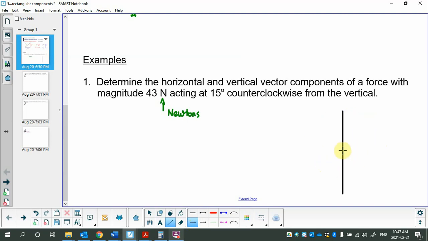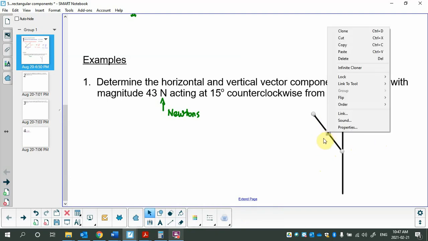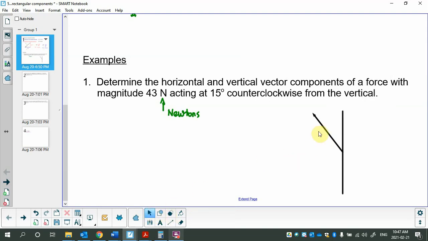So counterclockwise means that it's going in the opposite direction. And I'm just putting it arbitrarily, again, arbitrarily, compared to the vertical. Doesn't matter if you put it there or if you put it here or here or here. I'm just going to leave it there because I have lots of space.